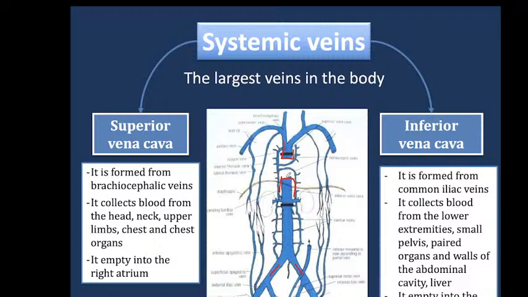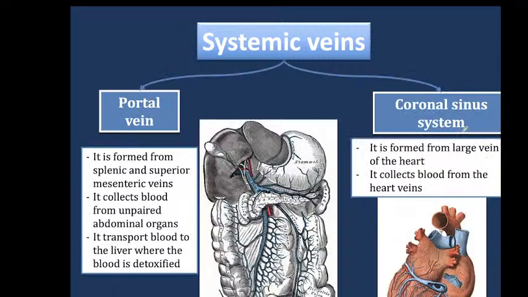The inferior vena cava comes into the right atrium, as well as the superior vena cava. So these are two great veins in our body: inferior vena cava and superior vena cava. Okay, get it. Then the third system.